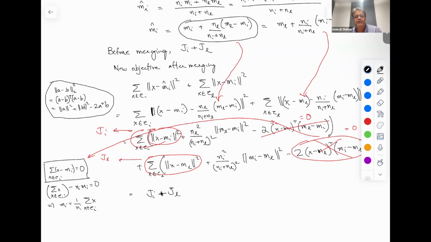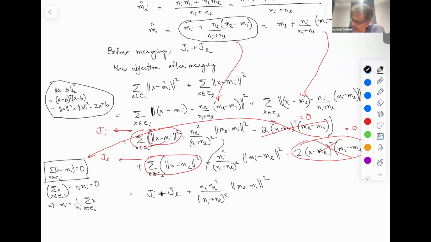So now I have this. Remember that this is now independent of x belonging to Ci, so each term will get added Ni times. So it'll be Ni Nl squared divided by (Ni plus Nl) squared times (Ml minus Mi) squared.